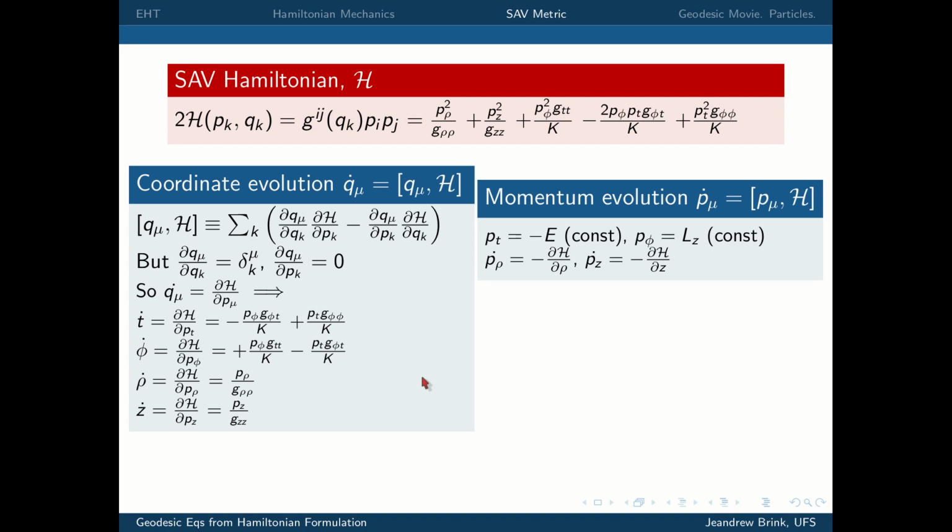Because we've assumed the metric functions to be independent of time and phi, these equations only depend on rho, z, p rho, and pz.